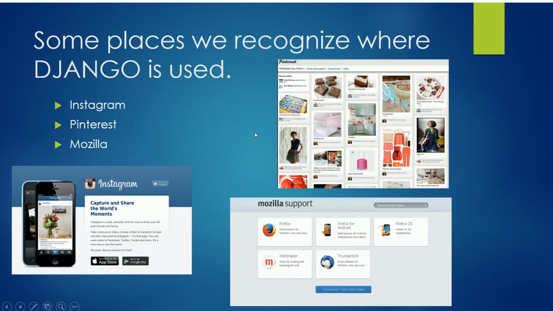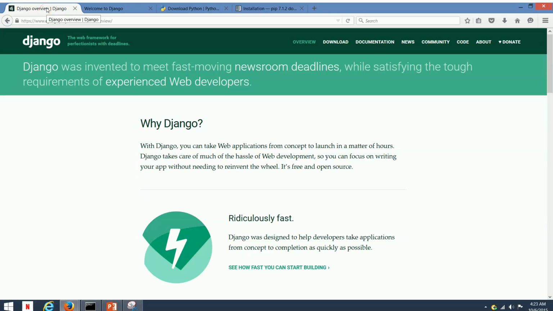Some of the big name websites that we recognize where Django is used are Instagram, Pinterest, and Mozilla. These three websites are the heaviest Django-using websites.